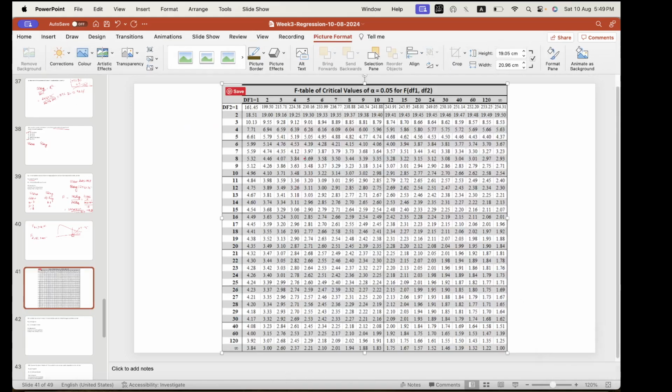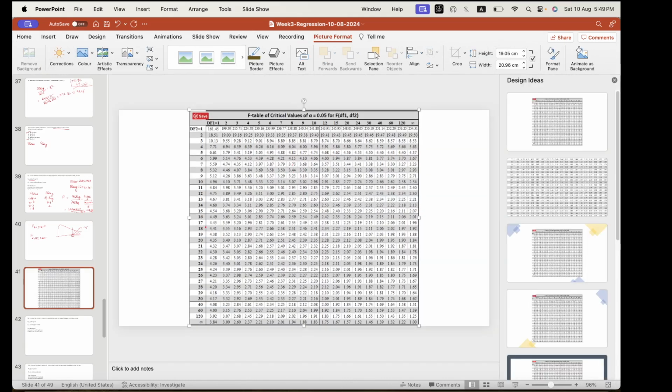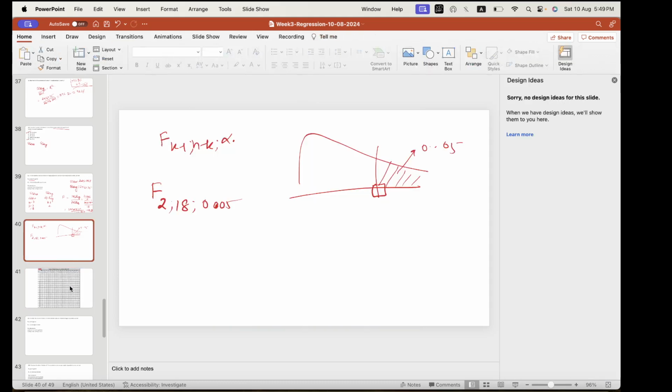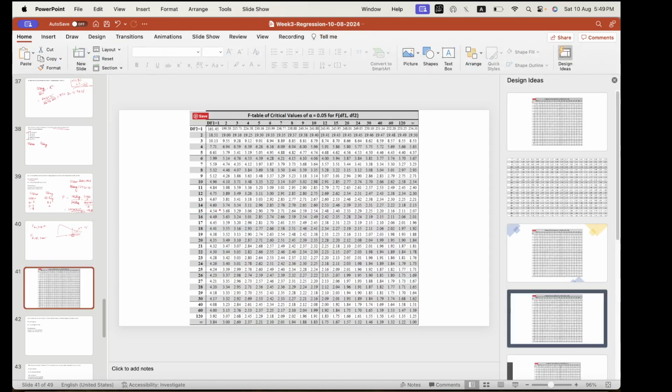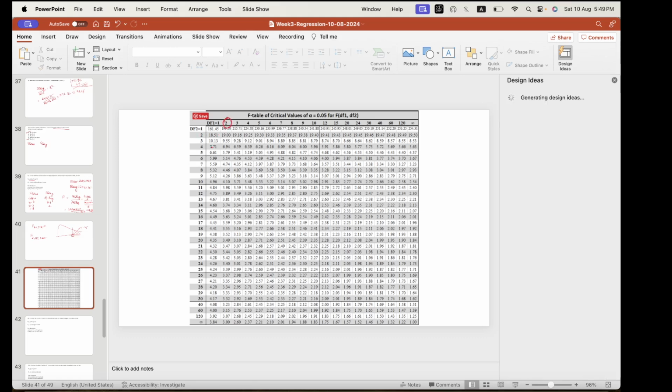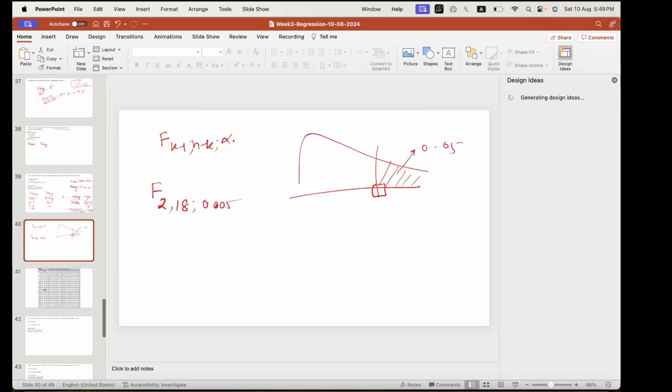Okay, so for DF1 equal to 2 and DF2 equal to 18, the critical value is 3.55. Okay, and our F observed is 107.